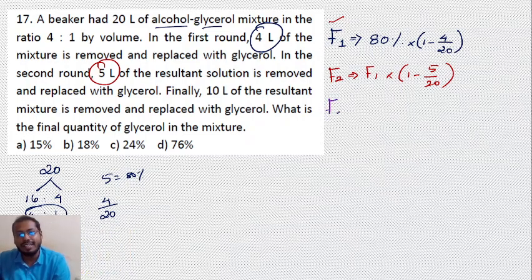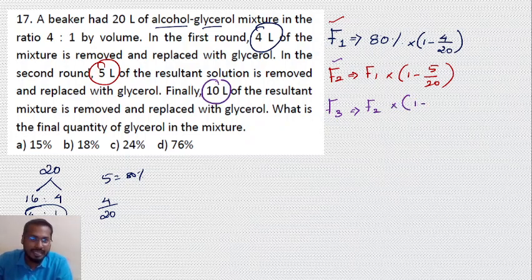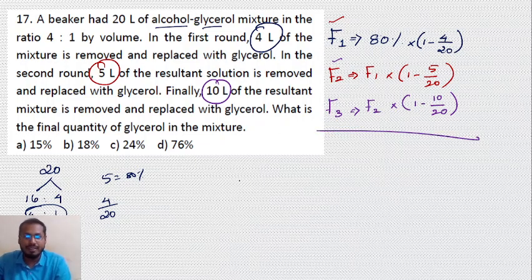Look at this. F3 is from F2. Now this is the resultant from F2. Now I'm going to take 1 minus how many liters? 10 liters, so 10/20. Correct? So that's it. Now we're going to solve this. I want the final F3. So F3 is what? Listen.